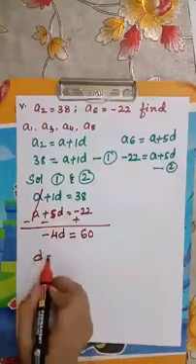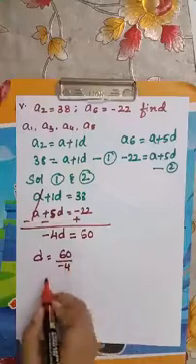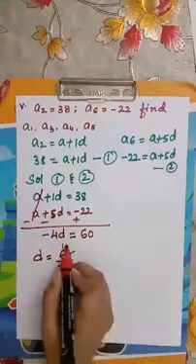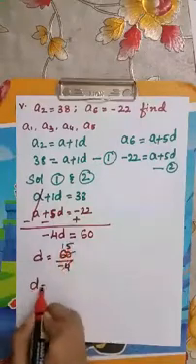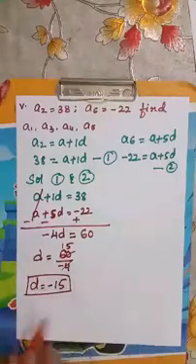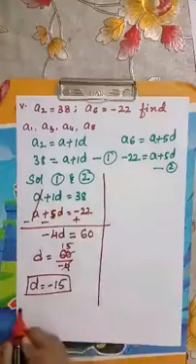So D is equal to 60 by minus 4. 4 ones are 4, 2 left, 4 fives are 20. We got the value of D as minus 15. Once we got the value of D as minus 15, substitute in any equation.